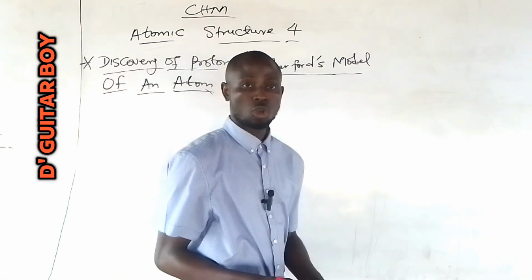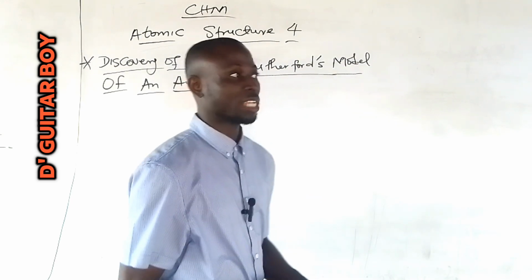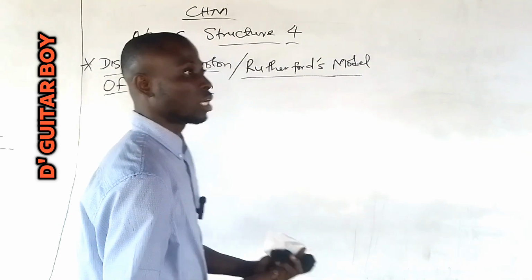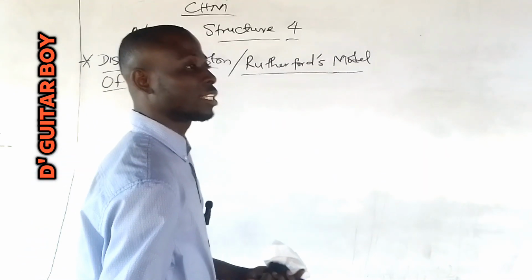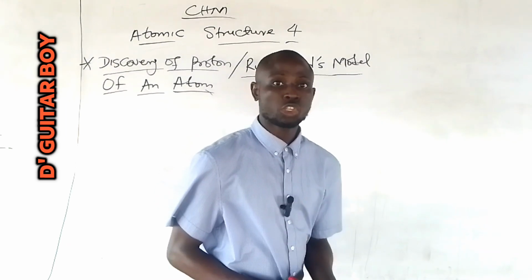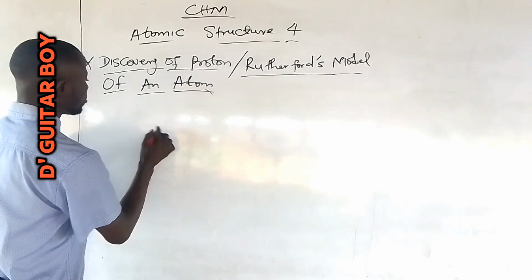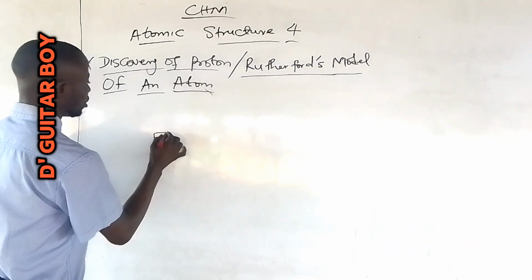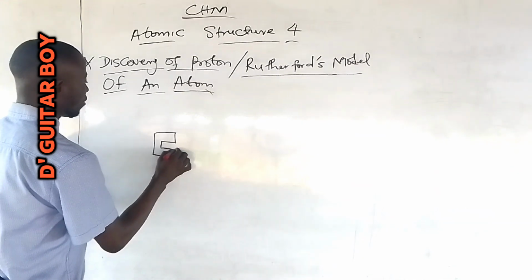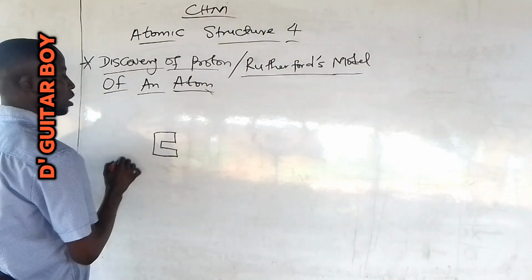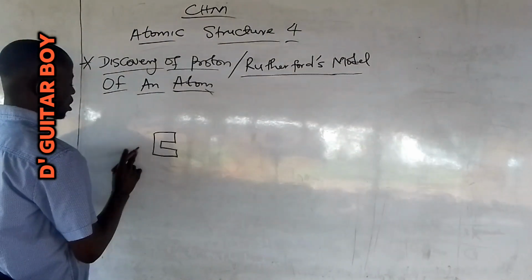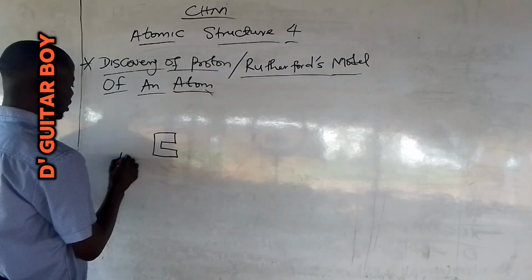Let me draw on the board to make clear what I have just talked about, the work of Geiger and Marsden under the instruction of their master Rutherford. In that experiment, they have a lead container.